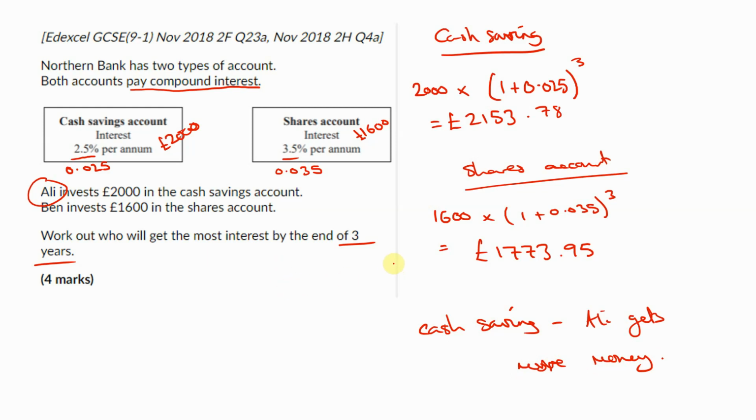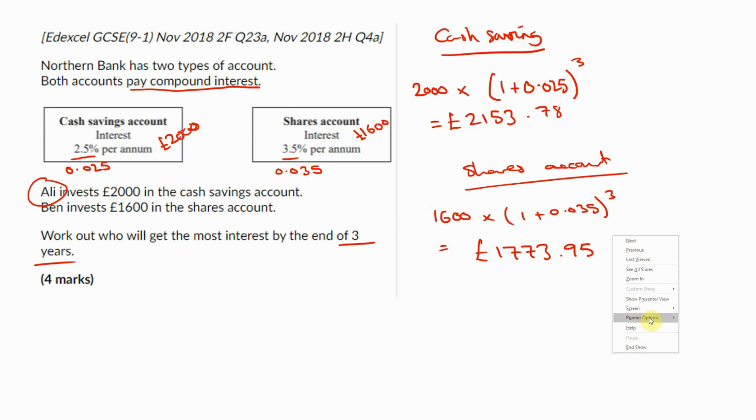Oh, sorry, it says who gets the most interest. Okay, so Ali would get more money, but they're not concerned about who actually has the most money, just because Ali's put quite a considerable amount more in. So when you're asked for kind of just who has the most interest, you only care about the extra money they've got. So we want to do what we've got now, take away our original. And that is £173.95.